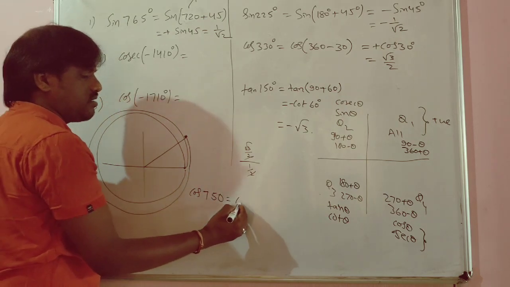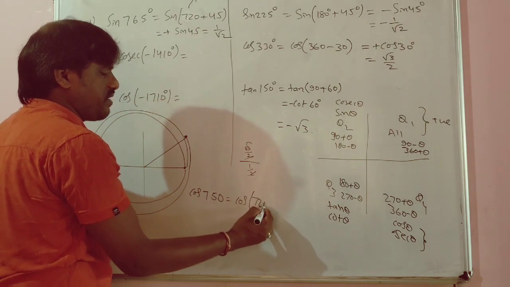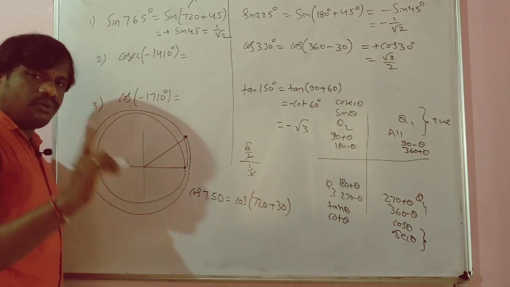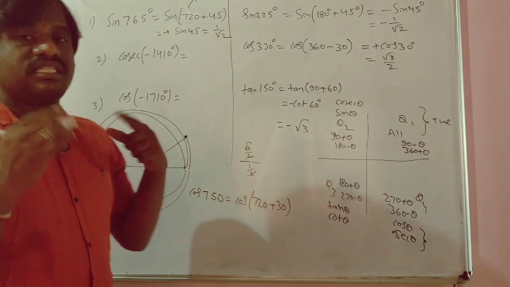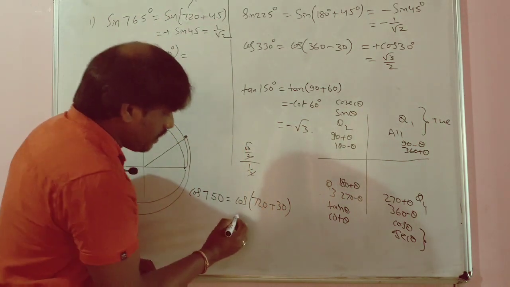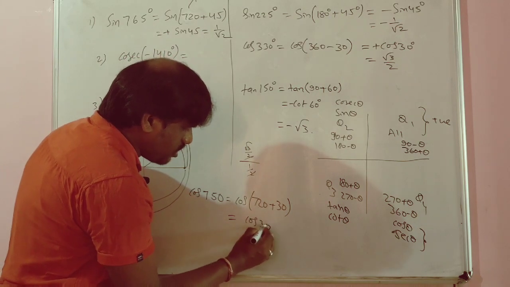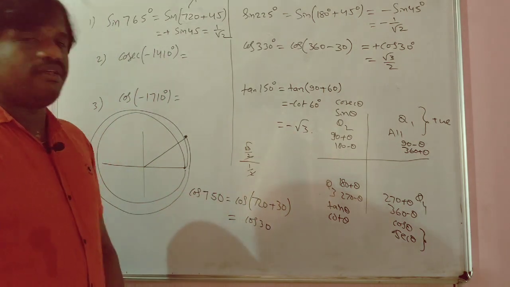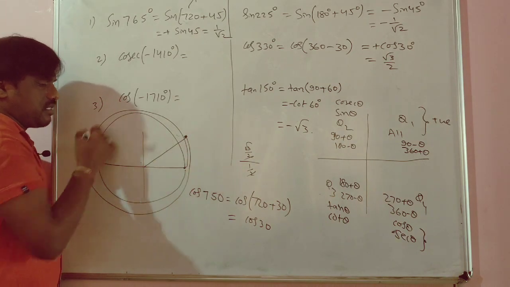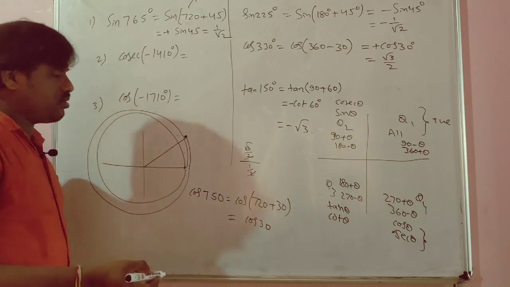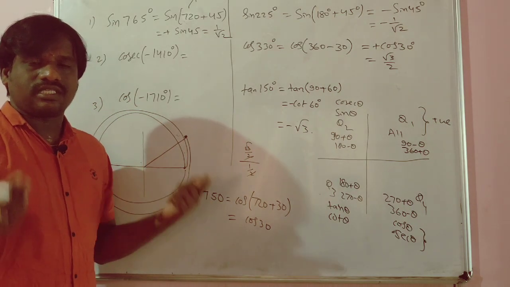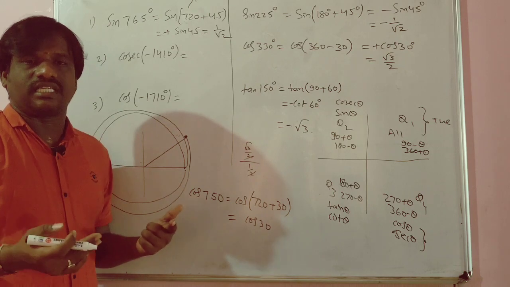What I can write here is cos of 720 plus 30 degrees. One thing you remember: whenever it is a 360 multiple and in the first quadrant, the answer will be cos 30 itself, because it is coming again in the first quadrant. So the sign will not be changed, all are positive. 360 plus theta, 720 plus theta, like these things.